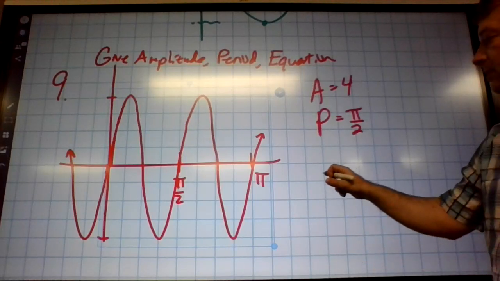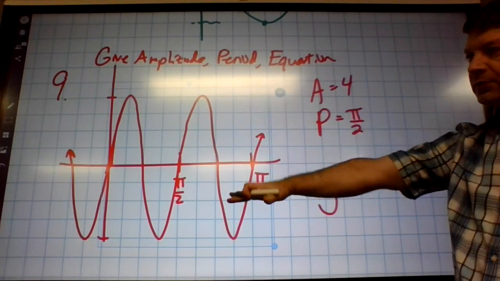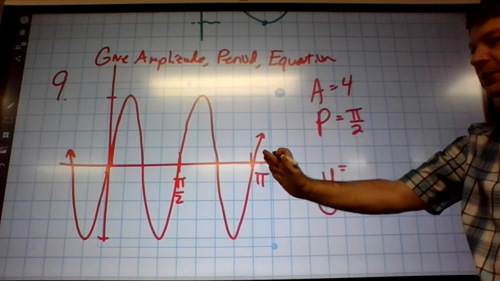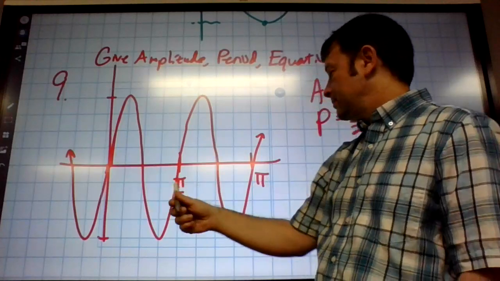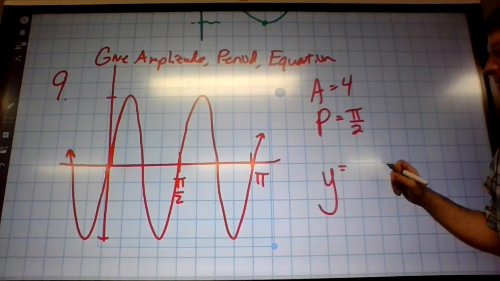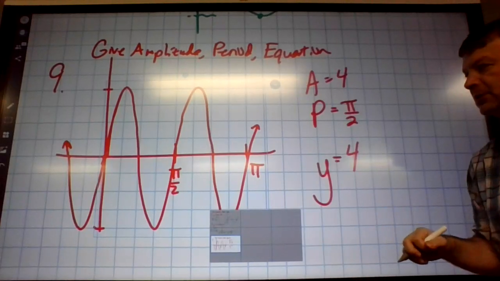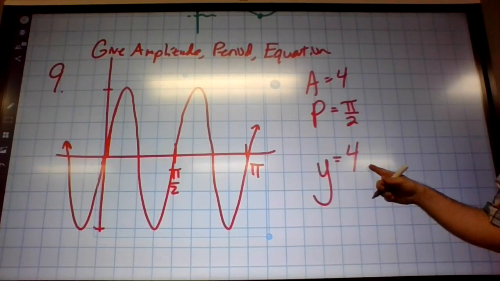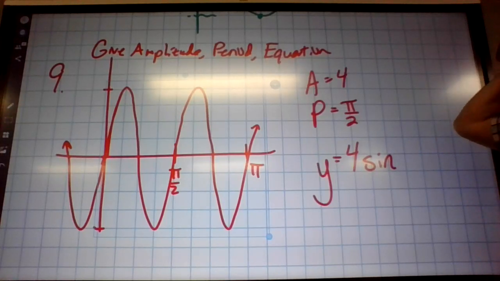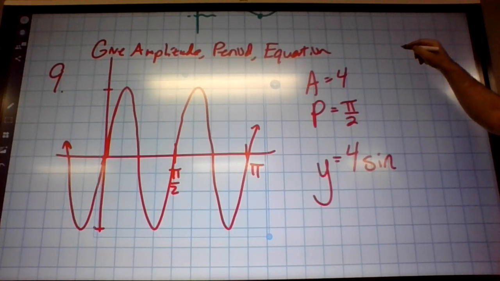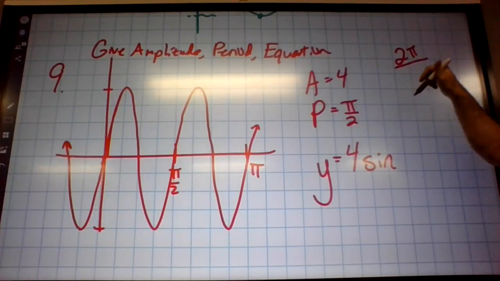Okay. Does this one have any vertical shift? No. Still right in the middle. Does it have any horizontal shift? No. So you don't have to worry about that. What goes in front then? The amplitude. Is this a sine or cosine graph? What goes right after sine? 2 pi divided by the actual period.